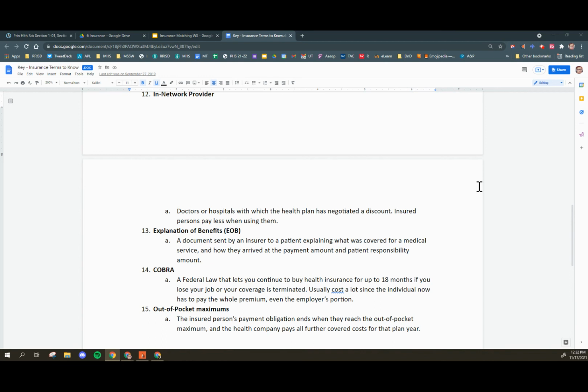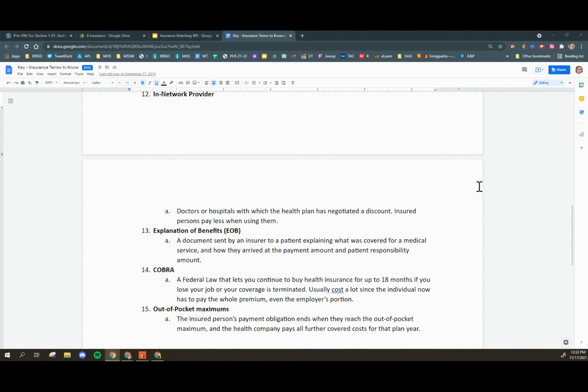That is still not a bill. The patient will receive a bill from the healthcare provider where they had the medical service performed at a later time, and then that is when the patient pays their responsibility. So the EOB is basically giving the patient a heads up saying, don't forget, you are responsible for this amount of the service.